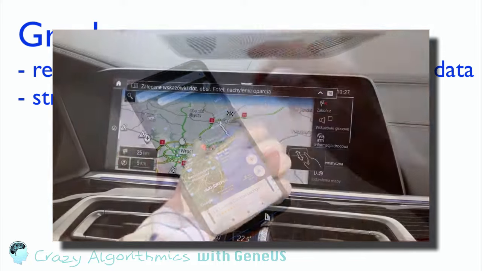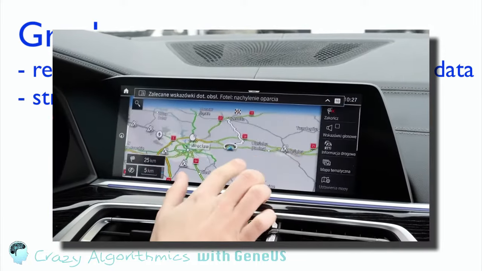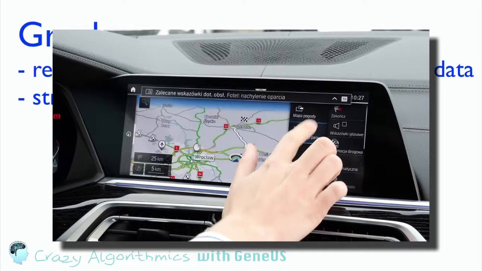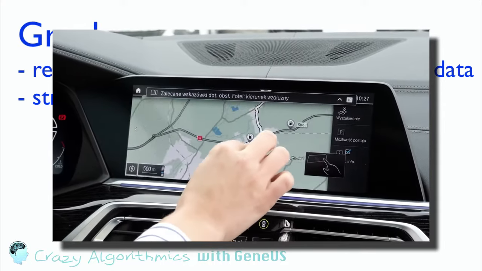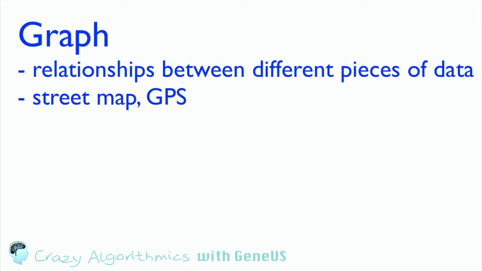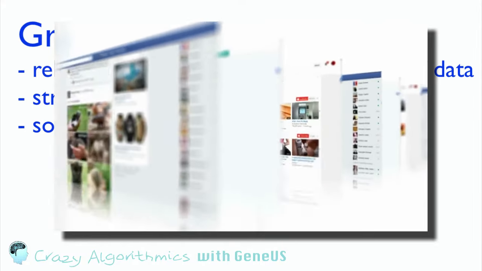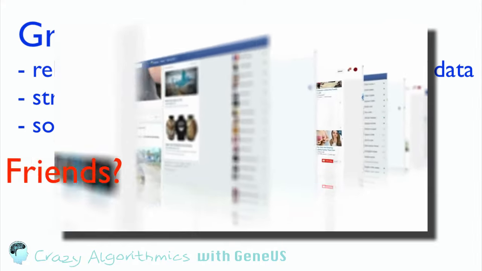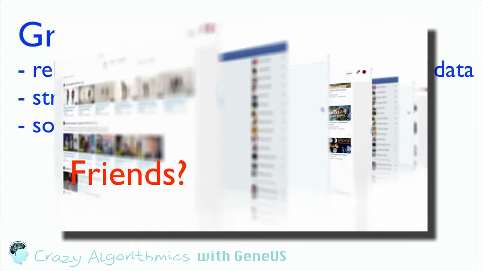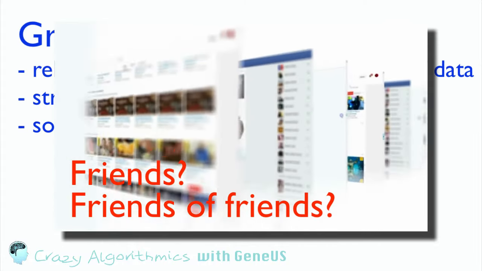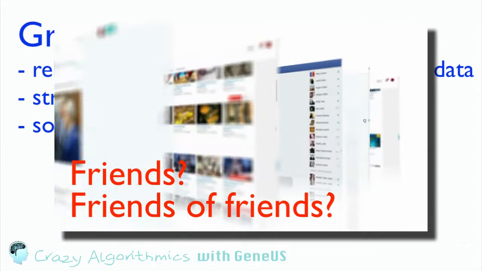Finding the fastest, shortest path from point A to point B, taking into account distance, direction, one or two-way streets, traffic, temporary obstacles, etc. Every social media site is based on the graph. Not only it will show you your friends, but will also make suggestions who you may want to know based on your connections.